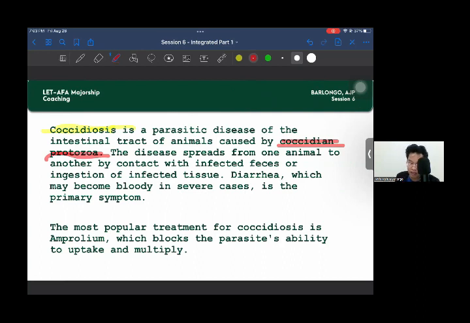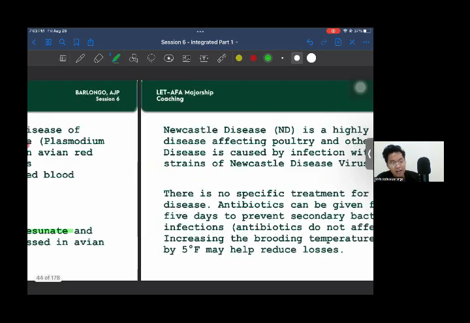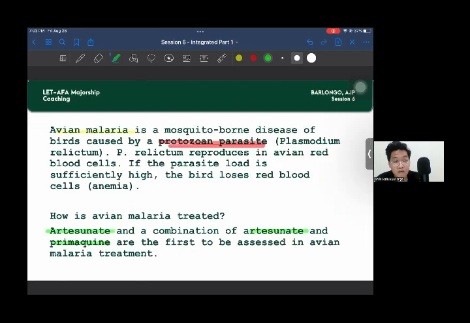So ang common na treatment dito is amprolium, which blocks the parasite's ability to uptake and multiply. So again, coccidiosis, I think you will also meet this mamaya sa later discussion. Coccidiosis and avian malaria are caused by protozoa.